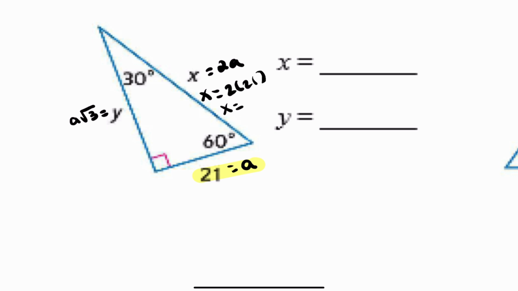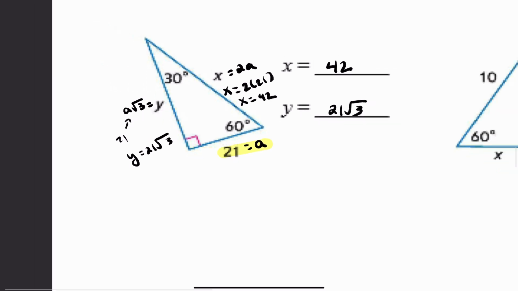So x is equal to 42. And with y, since we know that y is a root 3, I can replace a with 21. So y is 21 root 3. And basically, we found x and y.